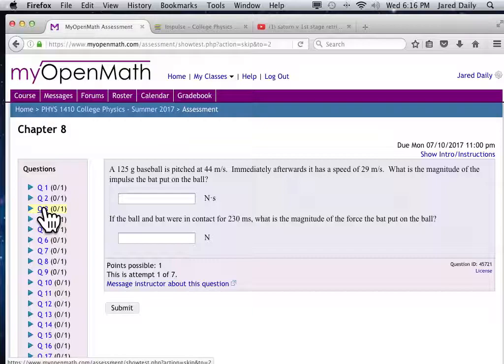And they don't want the negative, but you still have to use the negative when you're calculating it. They don't care about what direction it is. They just said the magnitude. But you still have to use the negative in the equation to get the right magnitude. So the final one I have.